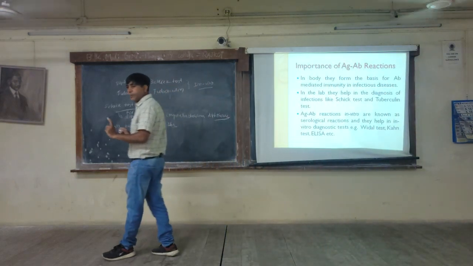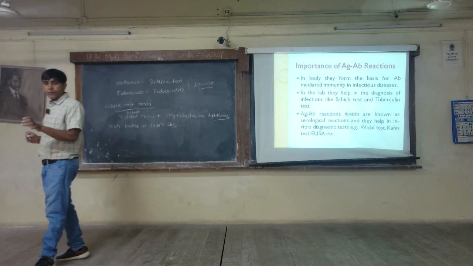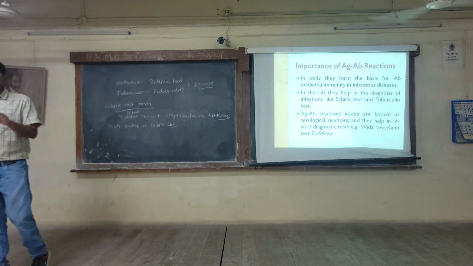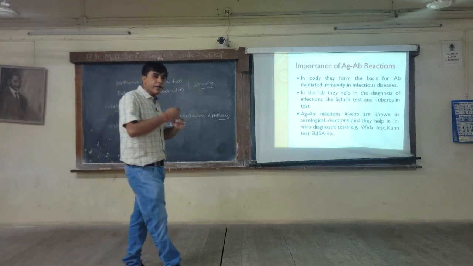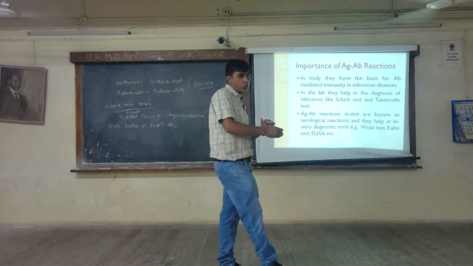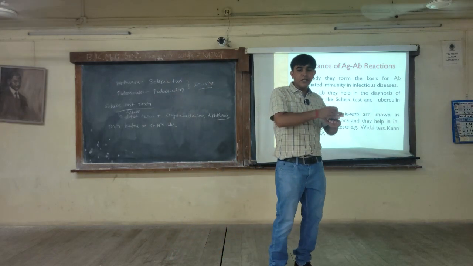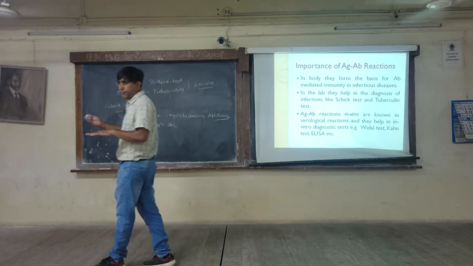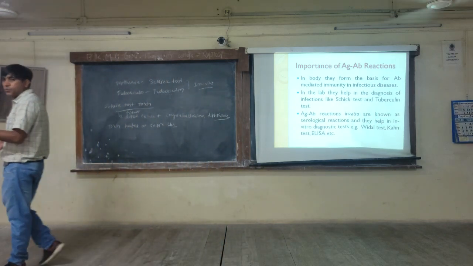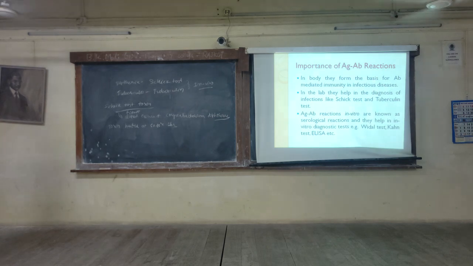Now the purpose of performing the control test is to eliminate the error due to the cross reactions or the antigenic response due to the growth constituents. Any other constituents which are present in the media in which we are growing the Corynebacterium may be allergic.